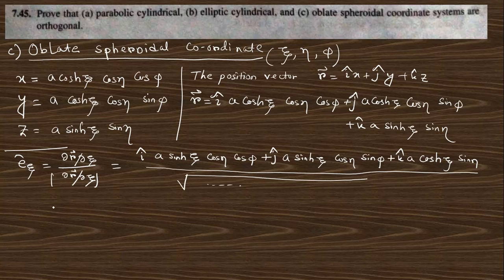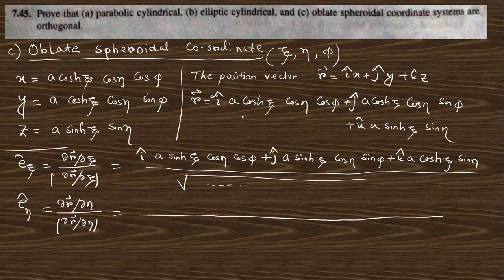Okay, and this is xi, and this is eta. For eta, this will be ∂r⃗/∂η divided by |∂r⃗/∂η|. So if you take the derivative with respect to eta, for cos eta, this gives you minus, so minus i cap a cosh zeta sin eta cos phi.